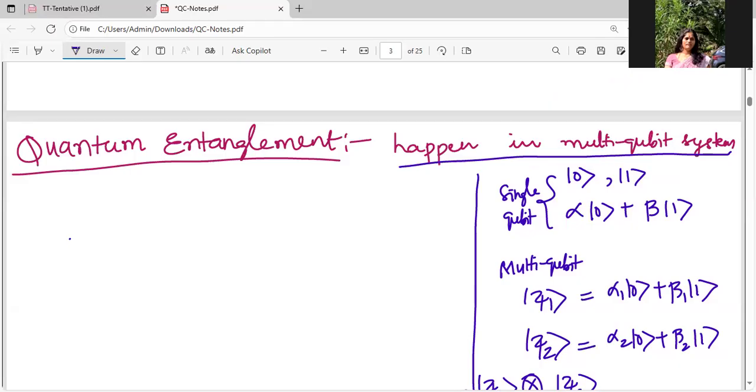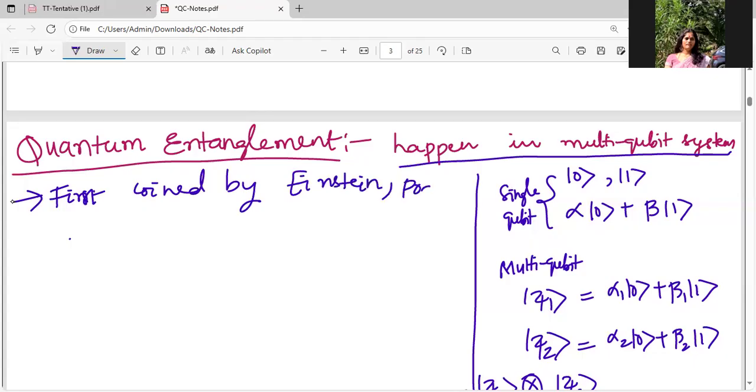Now, the word quantum entanglement was first coined by Einstein, Podolsky, and Rosen in a research paper in 1935.